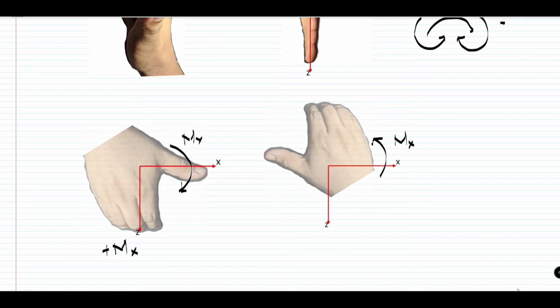While yung kabila naman, kung mapapansin natin, yung thumb niya is nakaturo on the negative side of the x-axis. Ibig sabihin, this one is a negative moment about the x-axis. So, doon natin nakikita yung direction or yung sign ng moment due to the location kung saan nakaturo yung thumb natin on our right hand.